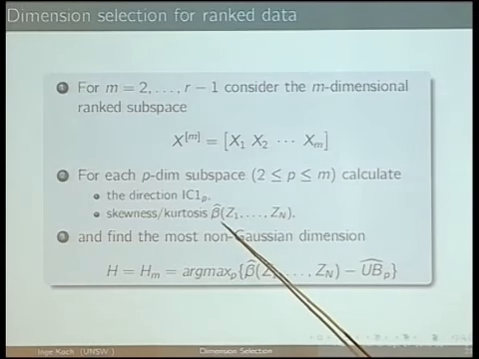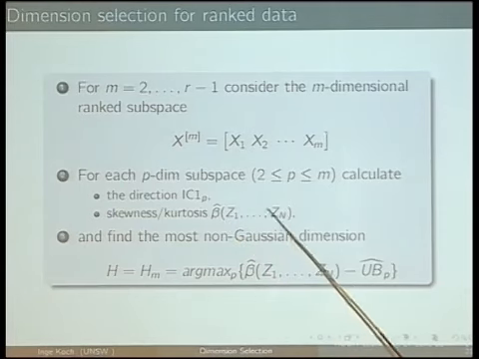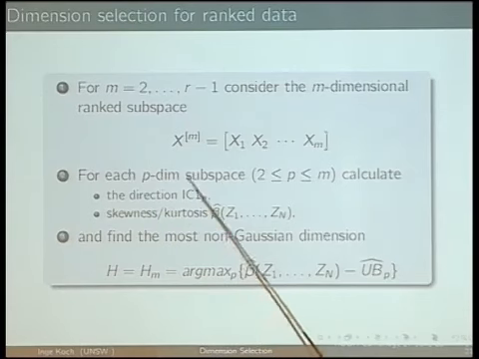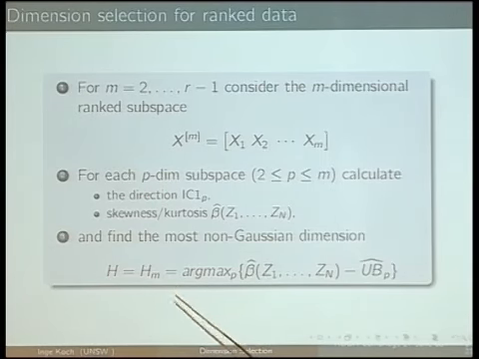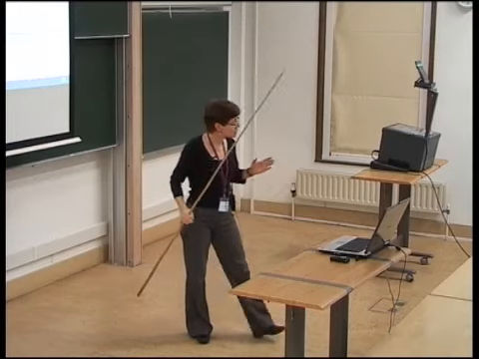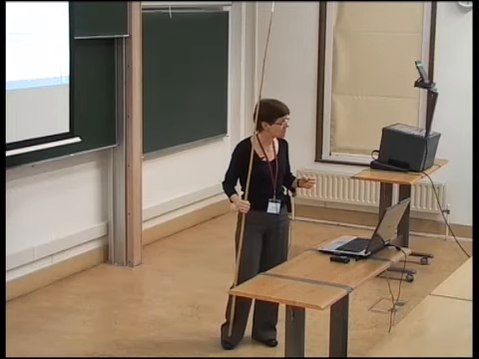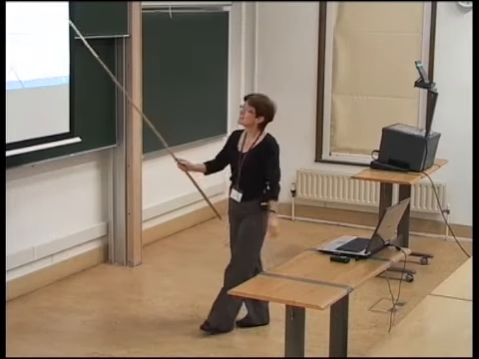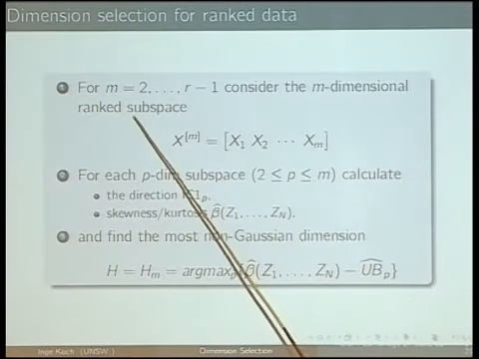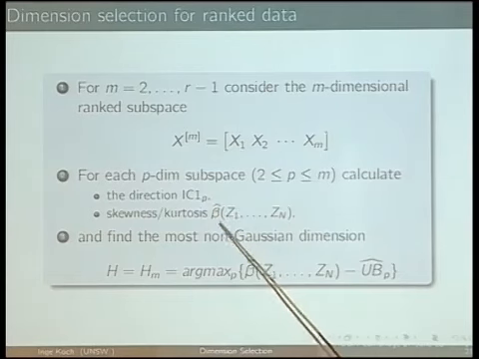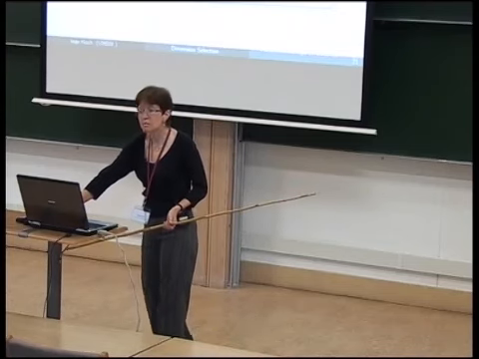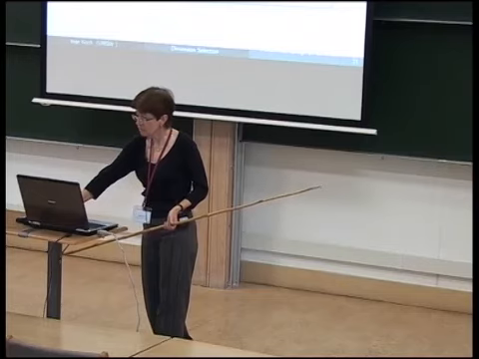We then calculate the kurtosis value based on the p-dimensional subspace. And for each m, we then find finally the dimension h sub m, which is the best dimension in our m-dimensional subspace. So we're having a dual sequencing. We're looking at m. For fixed m, we generate the subspace, and we calculate the best dimension for this m-dimensional subspace. Exactly as before, and it now makes sense because we've got the variables that are important for regression or prediction.